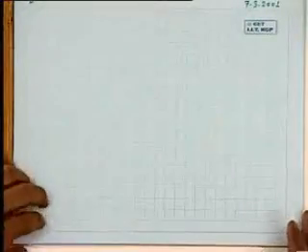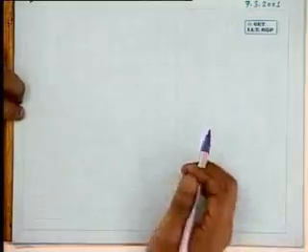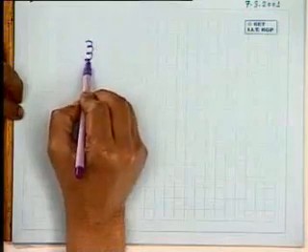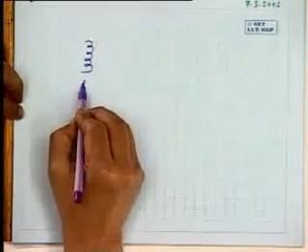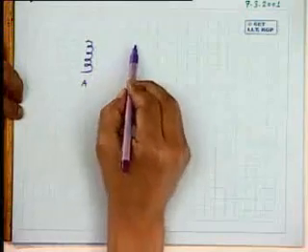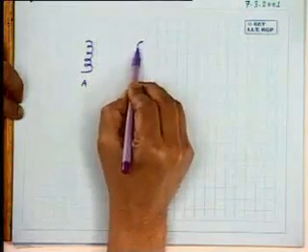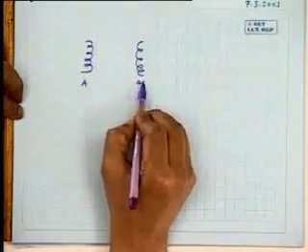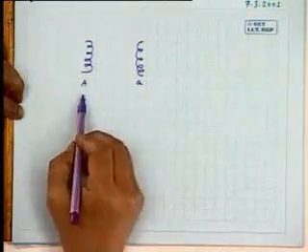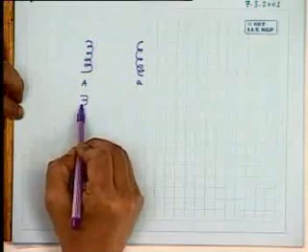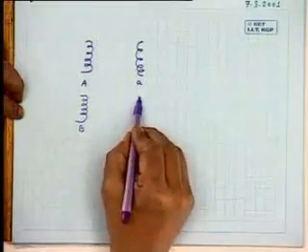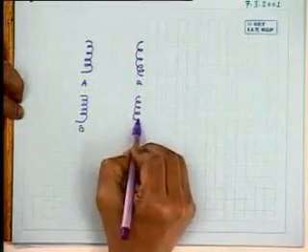Now coming to the connection diagram and how to analyze parallel transformers. Suppose you have one transformer, which I will name transformer A. This is its primary and this is its secondary, transformer A secondary. And you have another transformer, which is transformer B, and its secondary is small b.